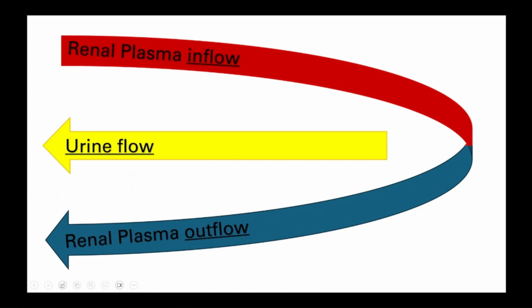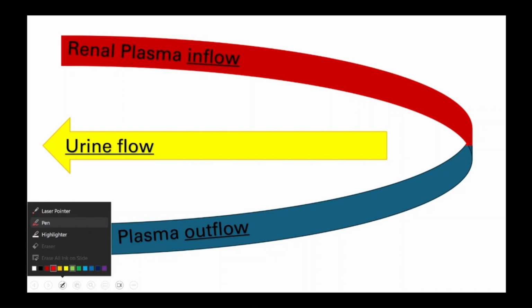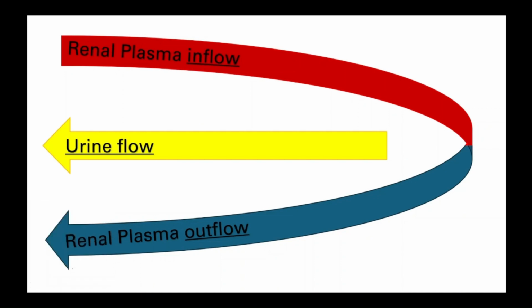We will see. So I have made this simple drawing to simplify things and to make things easier. We have three vessels here, or three tubes. The first tube corresponds to the blood that is coming toward the kidney, the inflow of the plasma to be filtered in the capillaries and then to be outflowing back to the body.